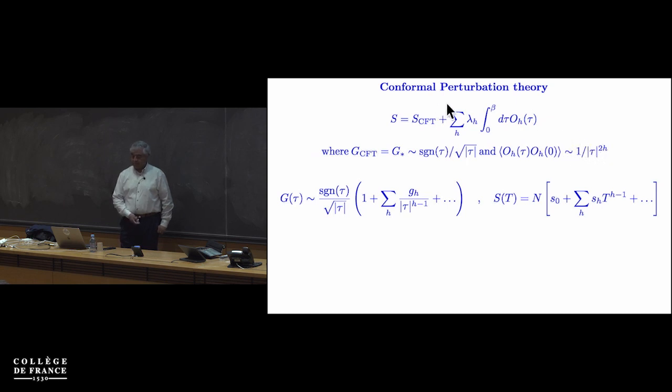So this kind of perturbation by this formally irrelevant operator will give you corrections to all observables, including the Green's function, the entropy, and the power laws that appear here can be deduced by simple scaling arguments. So now the task is simply to determine the allowed values of h.